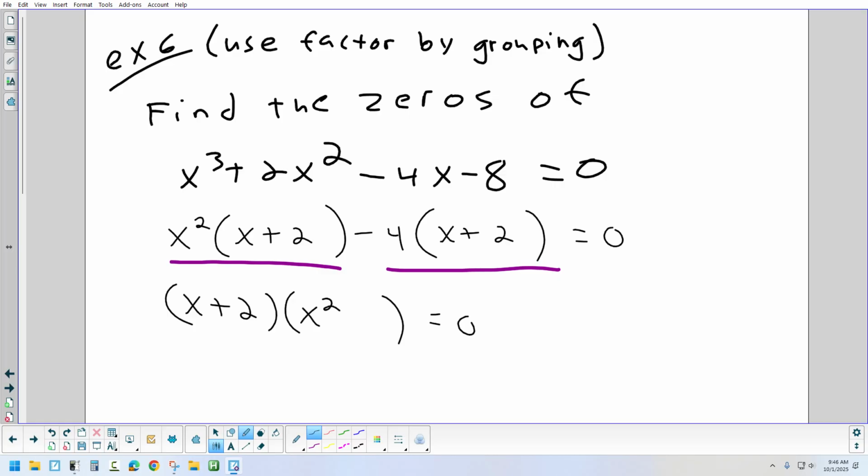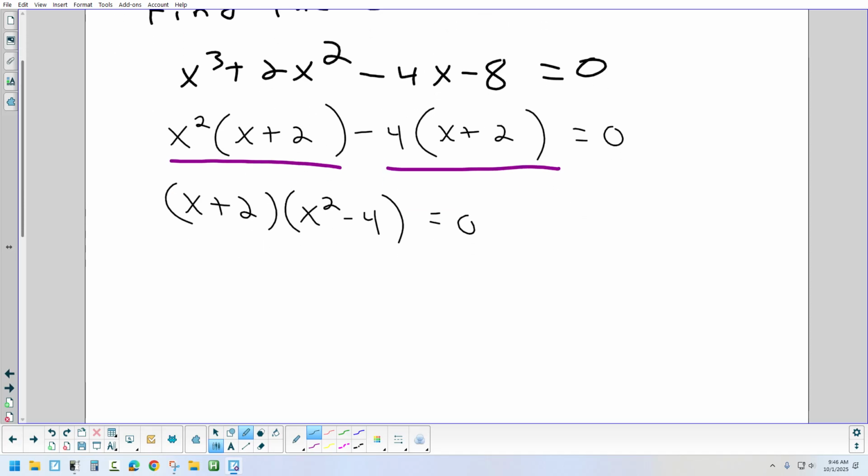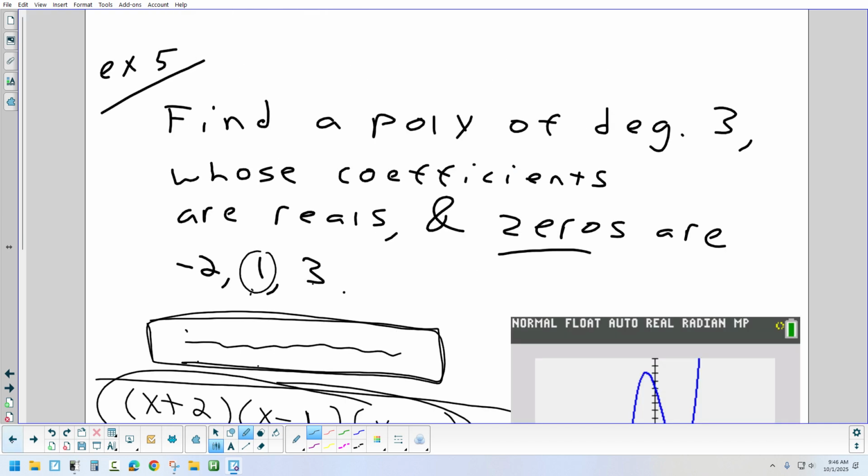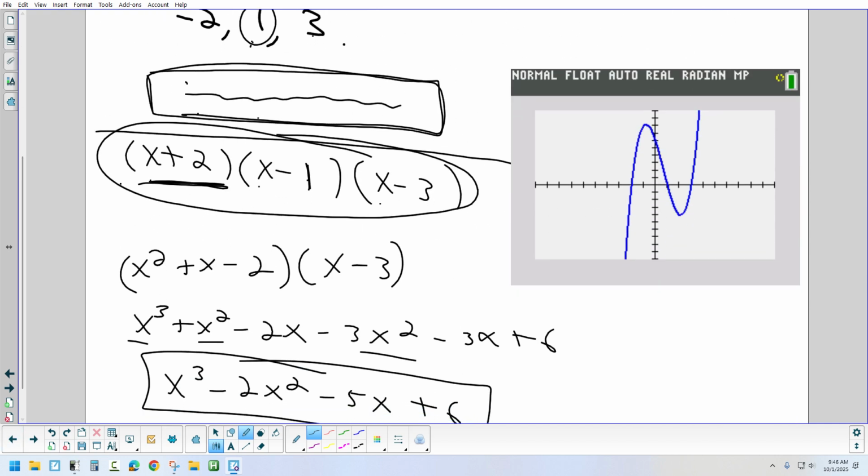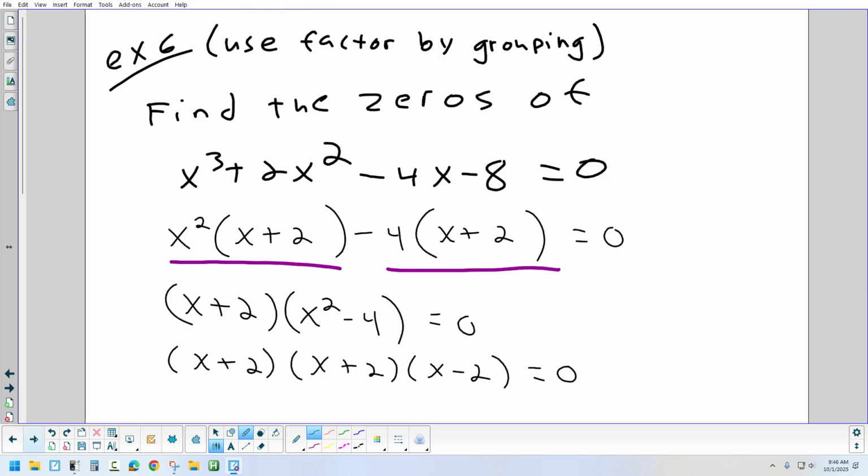And from the second term, you're left with a minus 4. And x squared minus 4 factors again. How does it factor? X plus 2, x minus 2. So you've worked all the way backwards to basically the step that we started at in the last problem. It's the last problem in reverse.